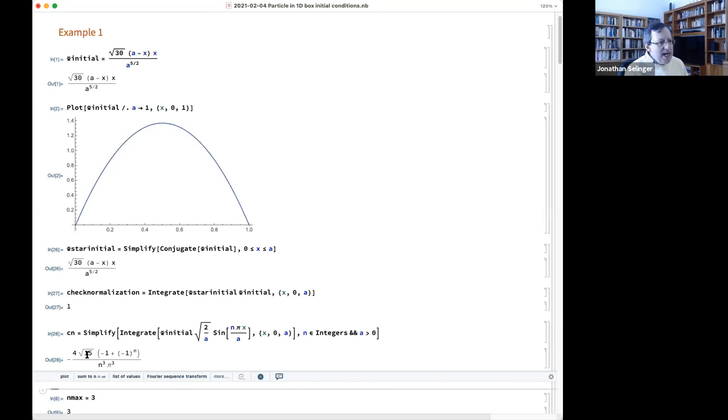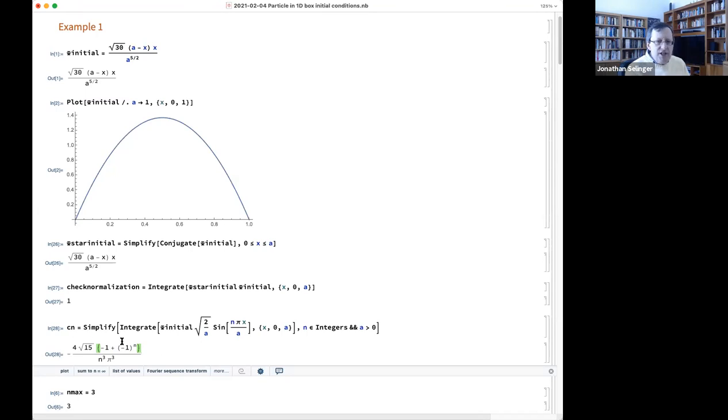So when n is even, you get -1 plus +1. That's 0. But when n is odd, you get -1 plus -1, so it's -2. So this thing in parentheses is -2 when n is odd, and it's 0 when n is even.